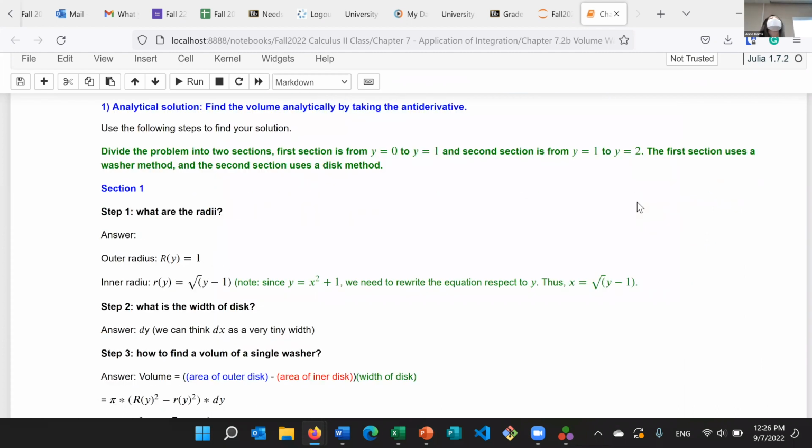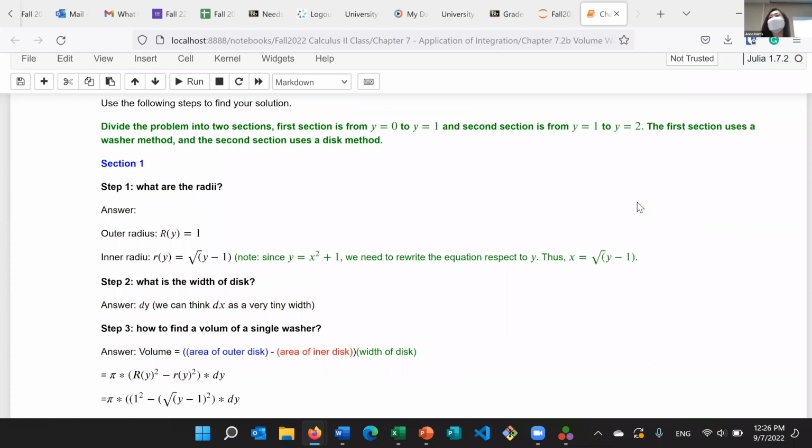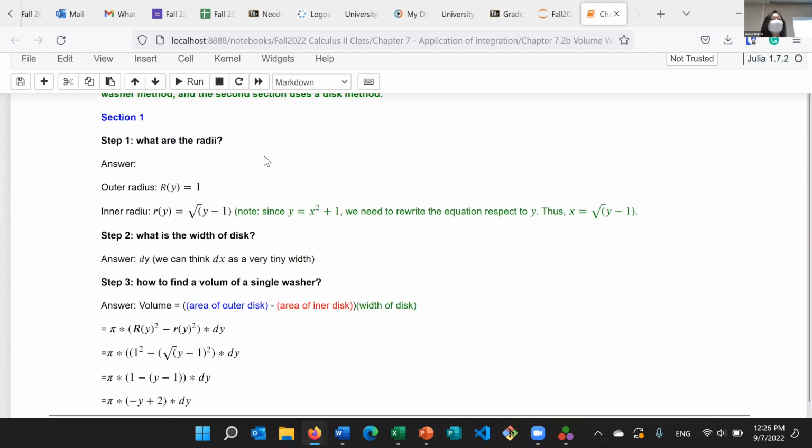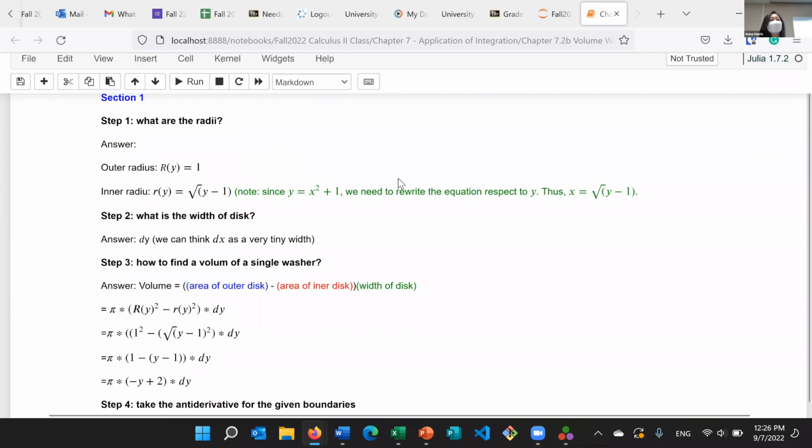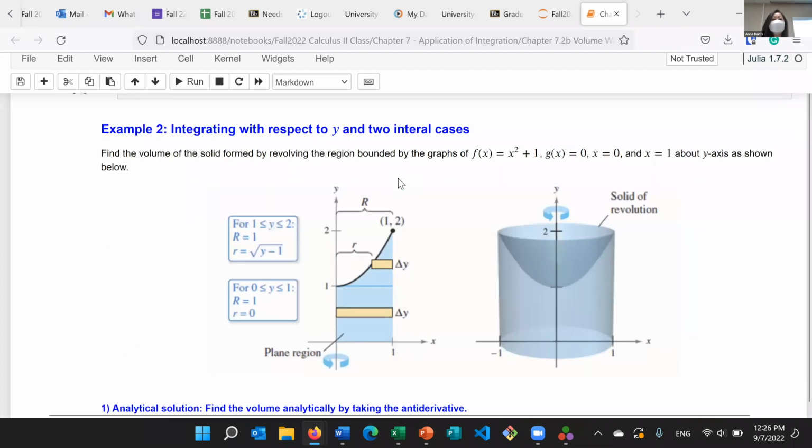So this problem you have to divide into 2 sections. I just told you, right? I'm going to call this top section 1. This is section 1. This is section 2.